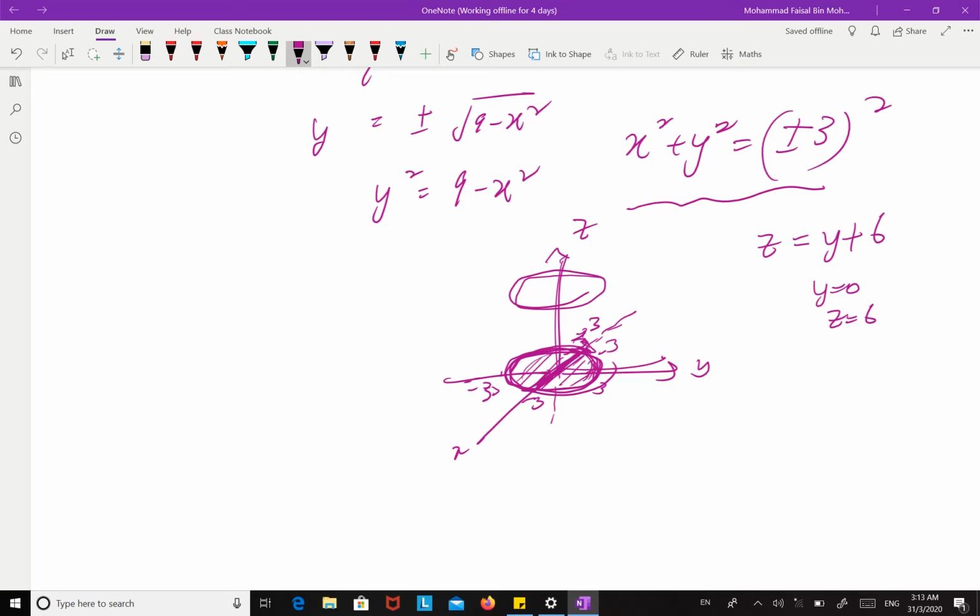Okay, when y is 0, z is 6. When y equals -3, I just choose -3 because it is bounded here and here, z will be 3. When y equals +3, z equals 9.